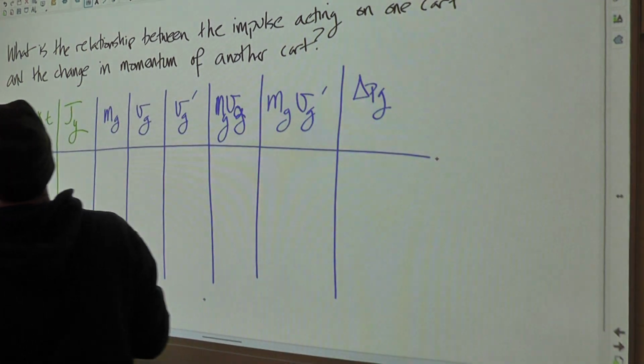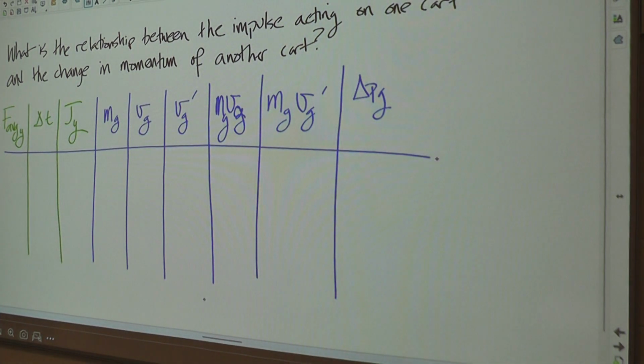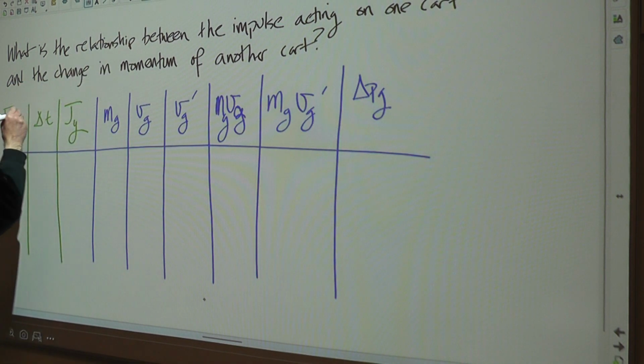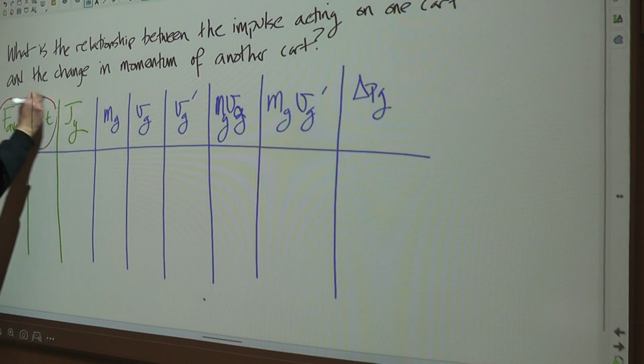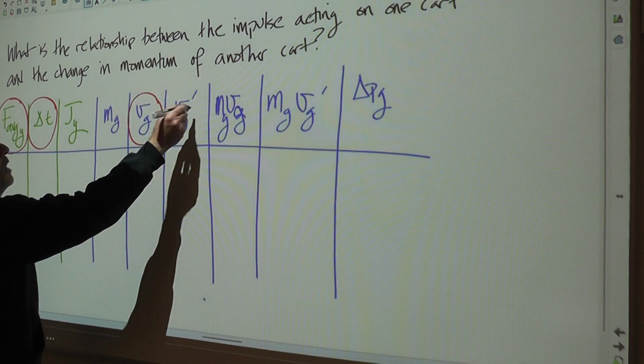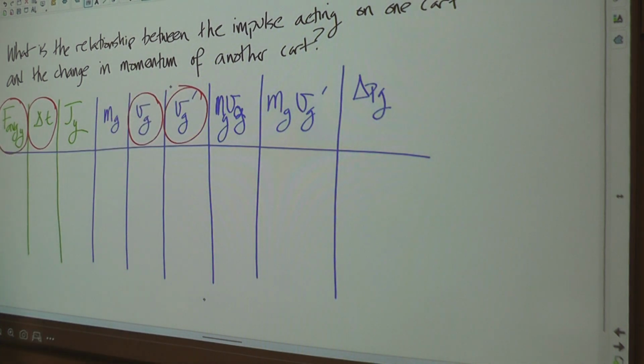So that means that we need to make 4 measurements for each collision. We need to measure the amount of force on average acting on one of the carts, the amount of time over which that force occurs, and the velocities of the second cart.